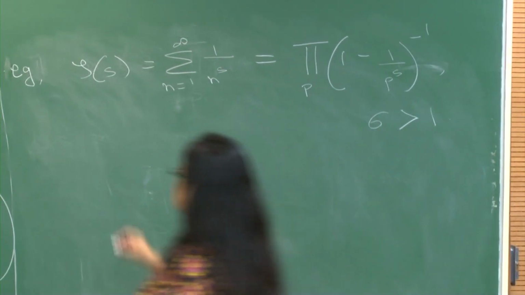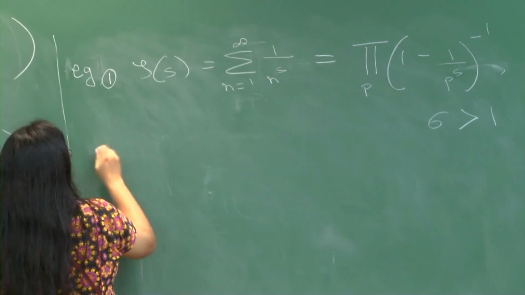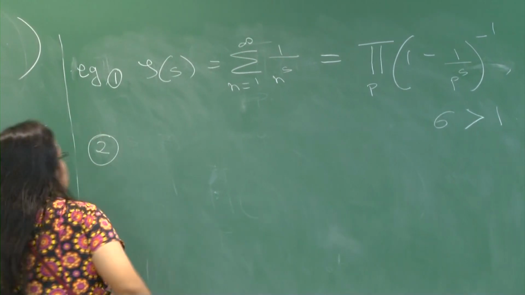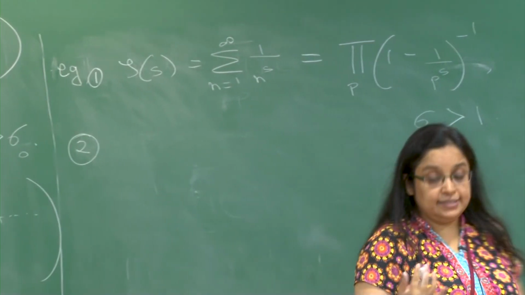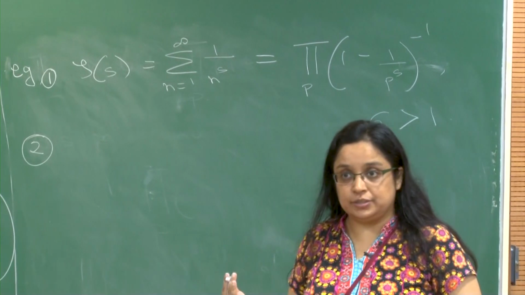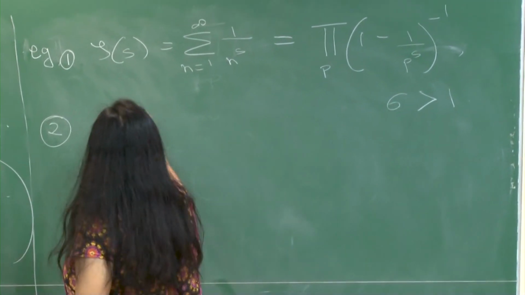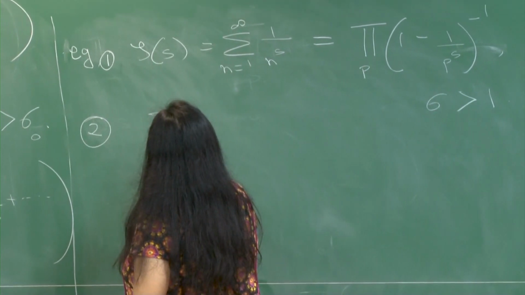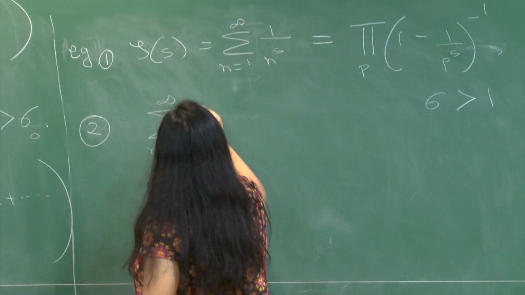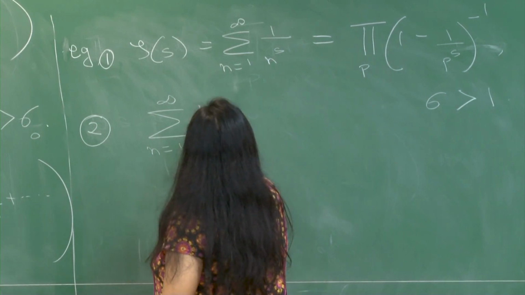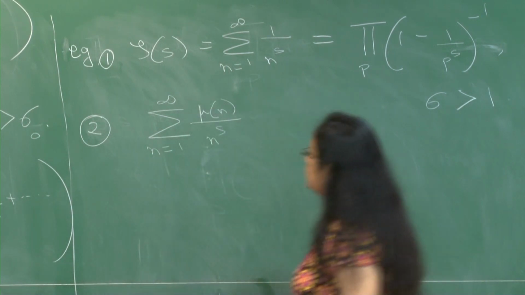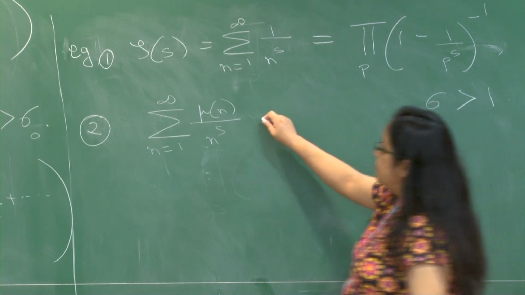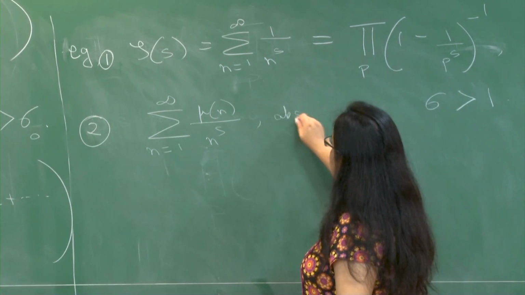Next example, it's a very interesting example. This is the infinite series constructed from the Mobius function. So, let us consider mu of n over n to the s. Now, this is absolutely convergent.